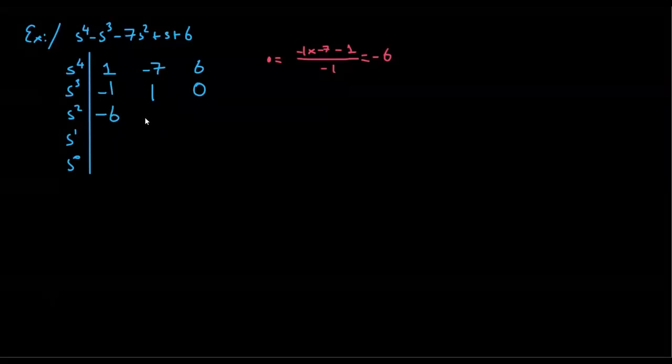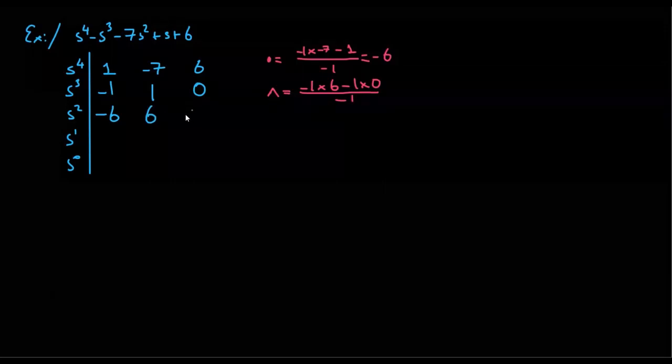And if you would like to compute this term, that term is equal to -1 times 6 minus 1 times 0, divided by -1. So that is simply equal to 6. Okay. So I will write here 6.